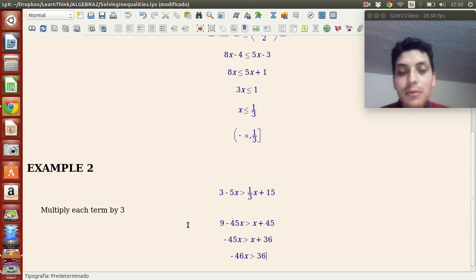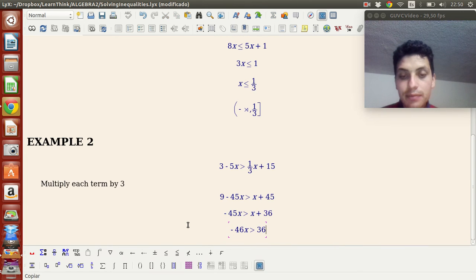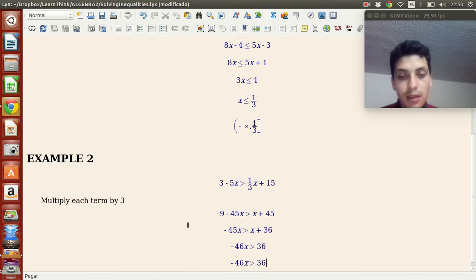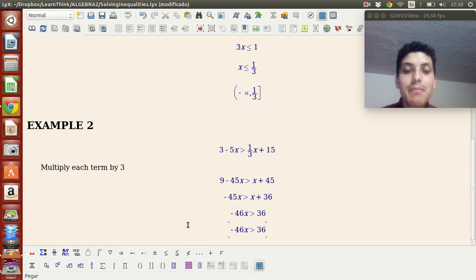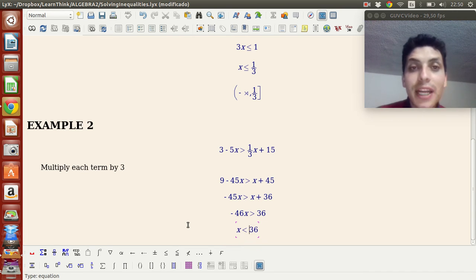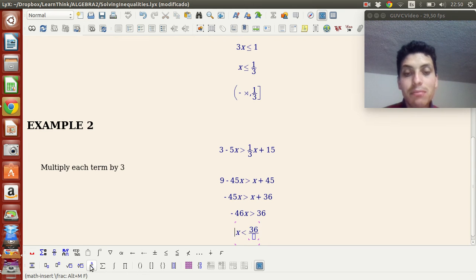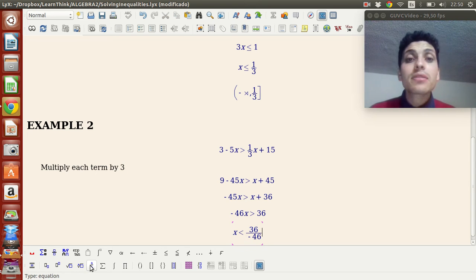And finally I'm going to divide each side by minus 46, but it's negative. So as it's negative, I have to change direction or reverse the symbol. Minus 46. And remember to simplify the answer.